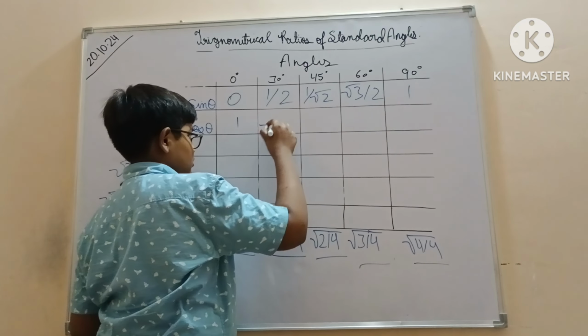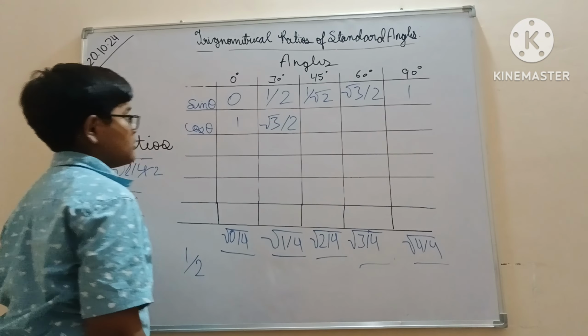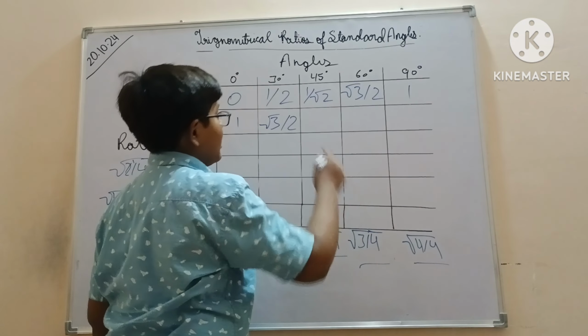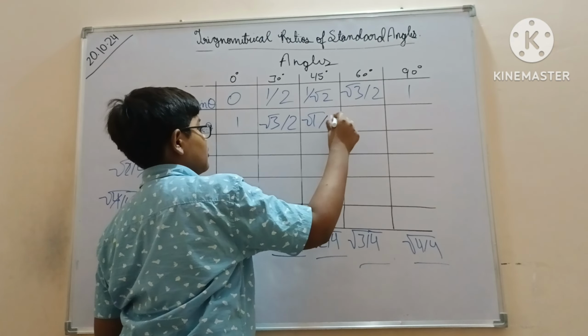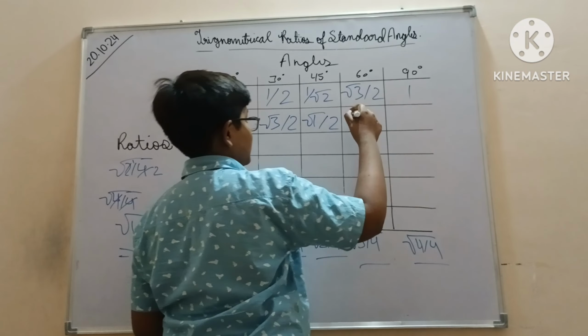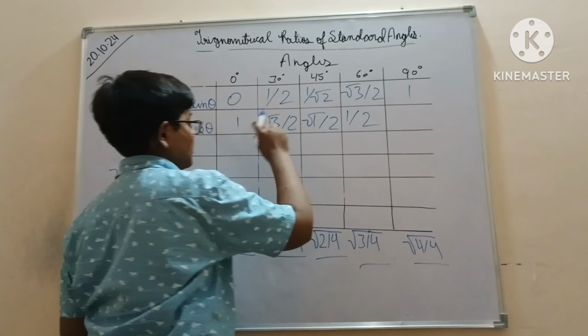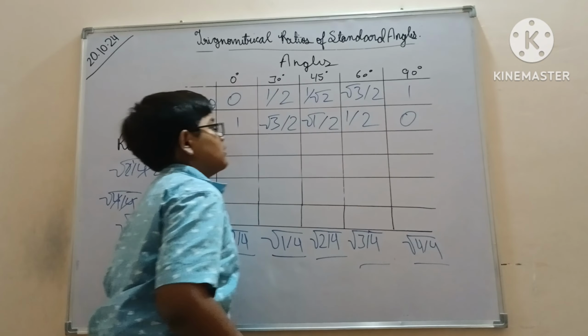Root 3 by 2 will become cos 30 degree, since sine 60 degree is equal to cos 30 degree, and sine 45 will be equal to cos 45. This 1 by 2 will be written here, and 0 will be written here.